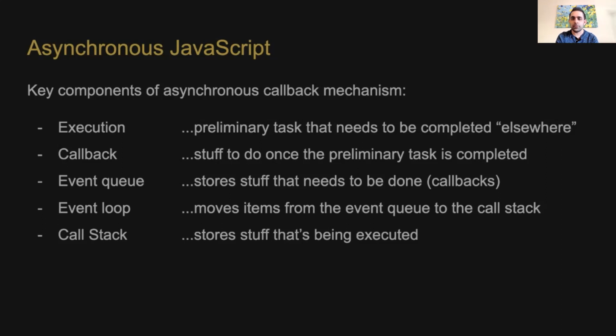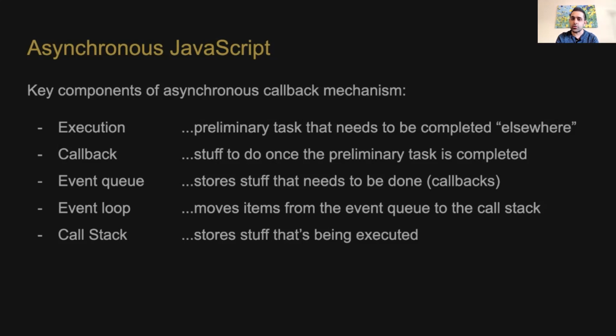The call stack is the final piece of this puzzle. We talked about the call stack several times in past lectures. But again, the call stack is the active list of things that are being executed in your application. So the event loop manages the event queue and pulls items off the queue when the call stack is ready to take new actions. All right, so a lot of terminology there.